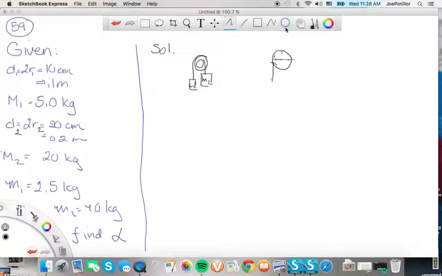Why? Because mass 1, the one on the outside cylinder, is the smaller mass. So we know already that it's going to go like this, so we'll direct the angular acceleration this way. And this is the direction of the tension of the rope. T1, we'll call that.